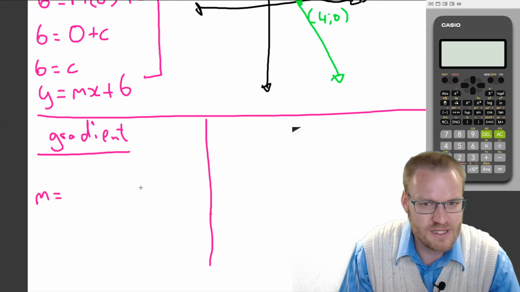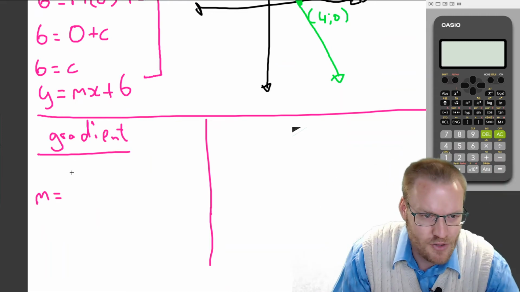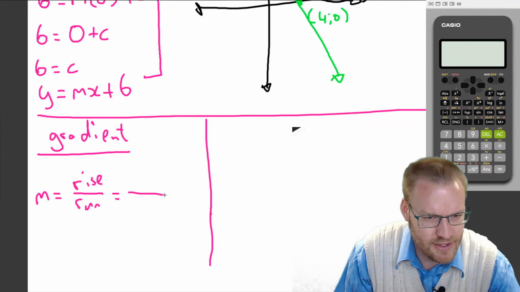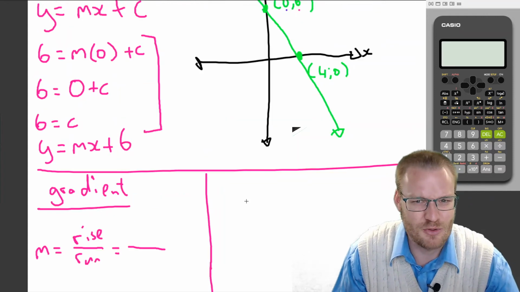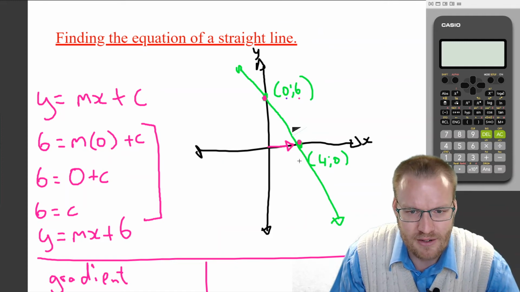Gradient, we said, was for every one step you walk across, how far up do you go? And we worked that out by saying rise over run. As you know, I always start with the run. To go from this point to this point, how far are we running? Well, we're going from 0 to 4.